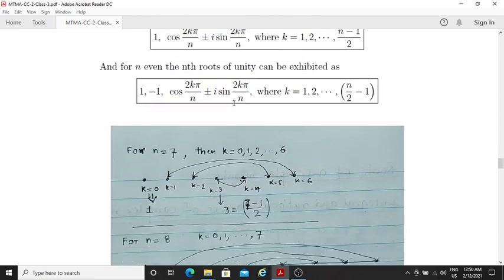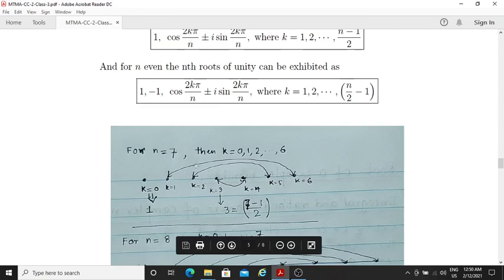Is that clear to you? I hope. That means 6 here. So you are pairing 1 with 6. These two are conjugate to each other. If k is 2, then it is conjugate with the corresponding one. If you move one step here in this direction, then you have to come back one step here. Then these two are conjugate to each other, and these two are conjugate to each other.